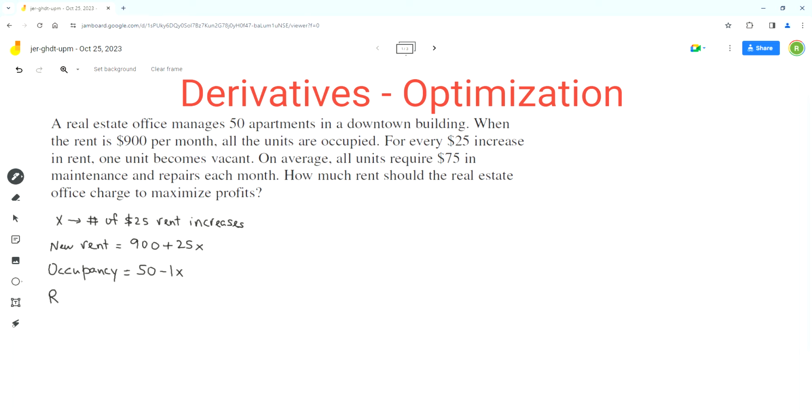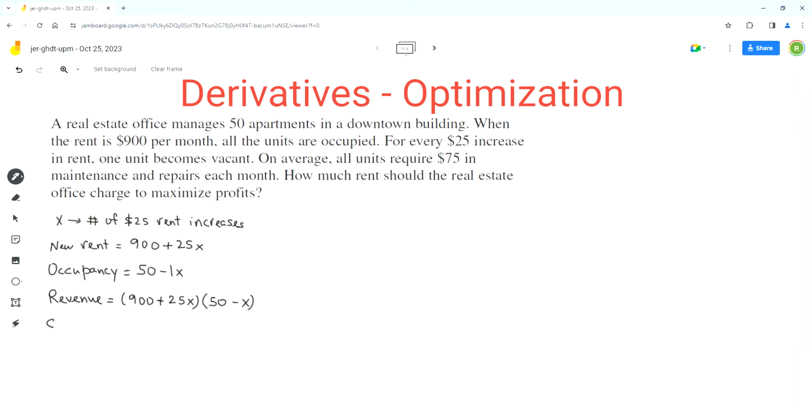So the revenue function for the company will be the new rent, which is 900 plus 25x, times the occupancy, the number of units that will be rented out. So it will be 50 minus 1x, which can also be written as just 50 minus x. Now we know that profit is equal to revenue minus cost.